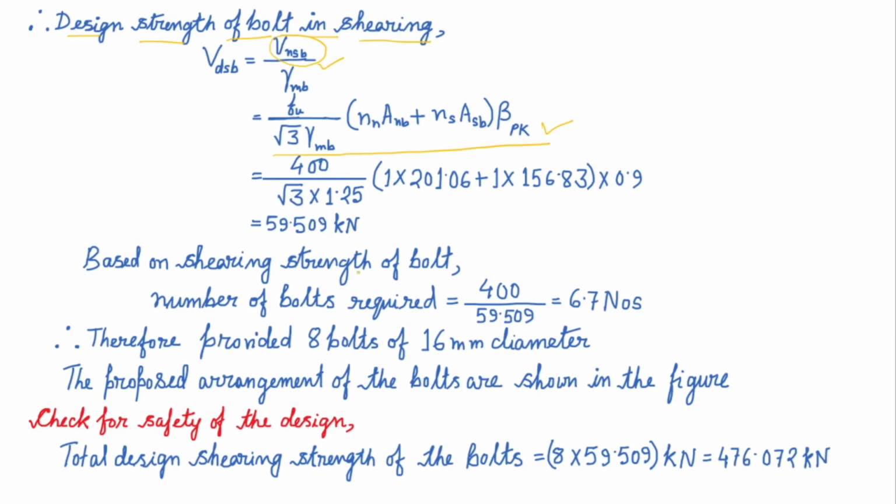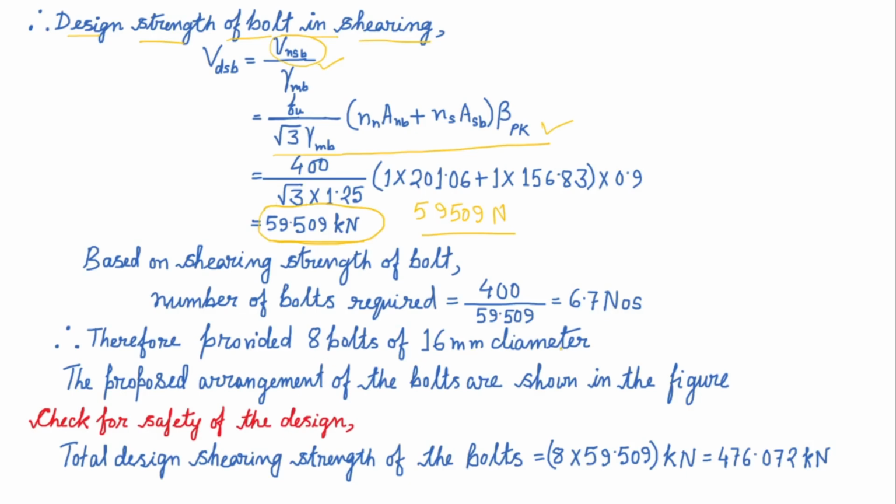If you put the values in this formula, then I shall get Vdsb as 59509 Newton, as all the units of forces will be in Newton in the formula. But if I convert to kilonewton, it will be 59.509 kilonewton.